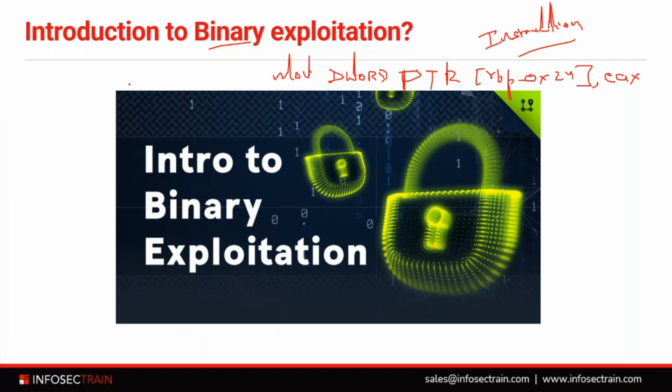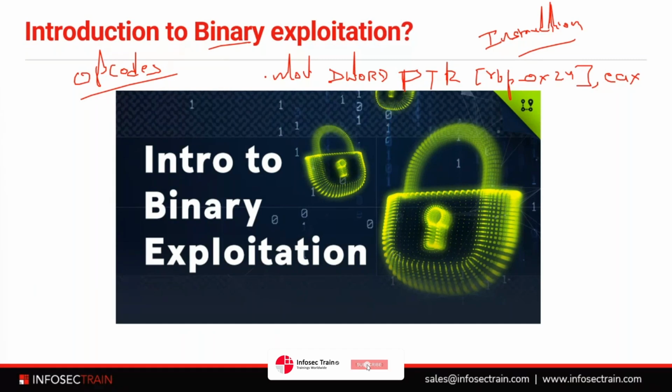A binary file is a collection of opcodes, right? An opcode is nothing but the sequence of bytes representing a specific instruction. Like the move instruction is encoded with bytes 48 and 89 when moving from one register to another, right?